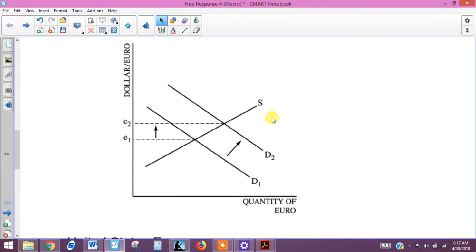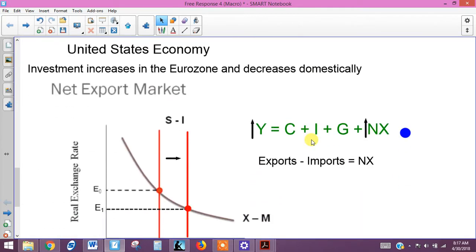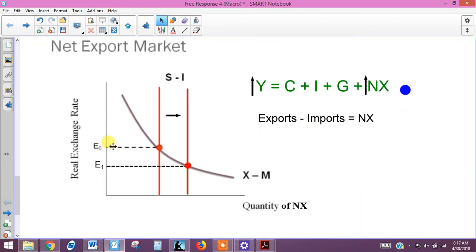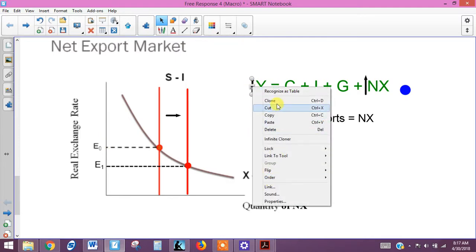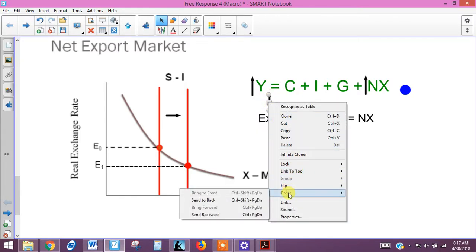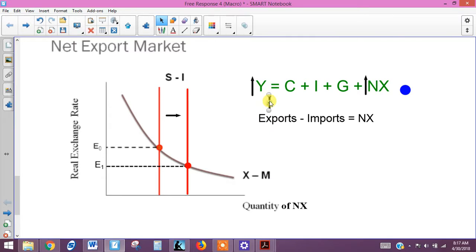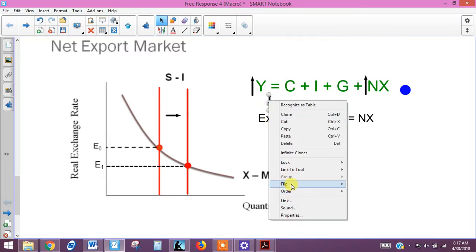So if the value of the euro relative to the dollar is going up, then if we come back and look from the perspective of the U.S. economy, the value of the dollar relative to the euro is actually going down. Let's see, flip, up, down.